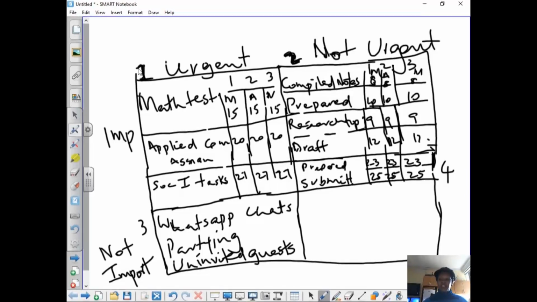So this takes you now to quadrant number 4. Quadrant number 4 would be those things you literally have to avoid. Quadrant 4 could be even social media. Be specific here.